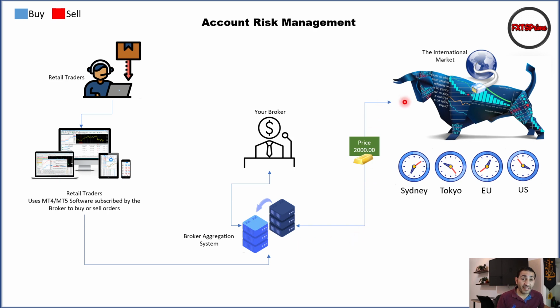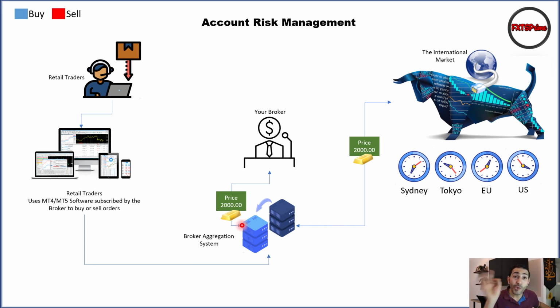It goes to the market, searches for the best price, collects that price, and gives it to the broker when you and the broker place an order. So the order goes to the MetaTrader, the aggregation system selects the best price, and let's guess that the best price from the market is $2,000 per ounce, for example. Now this price goes to the broker.